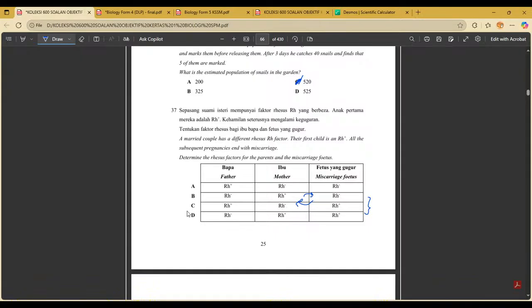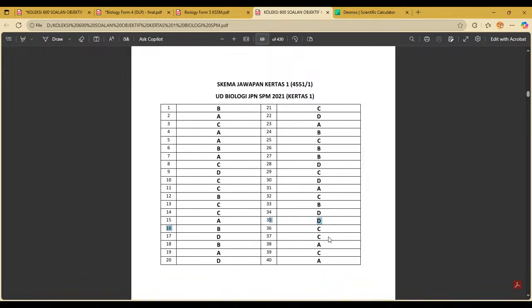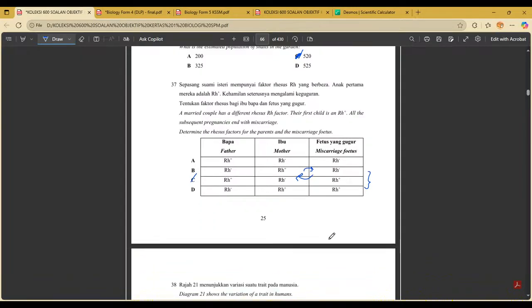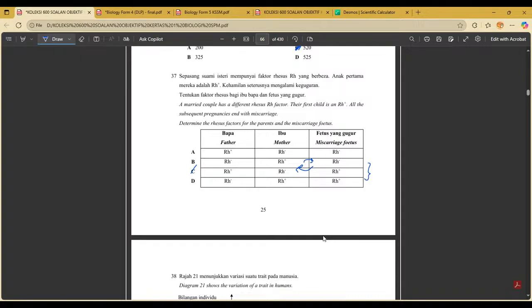I think the father has positive rhesus factor while the mother has negative. The fetus has the possibility to get rhesus positive. When they get rhesus positive, the fetus and the mother are incompatible, causing the mother's cells to attack the fetus cells, and the fetus gets miscarried.